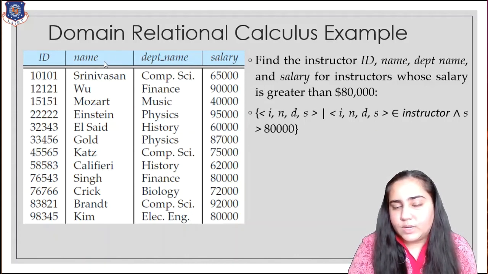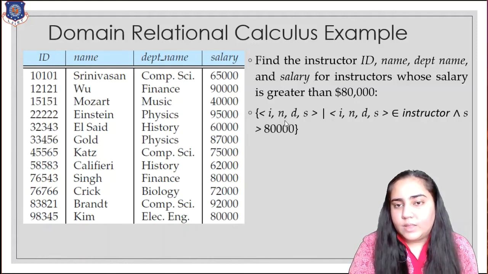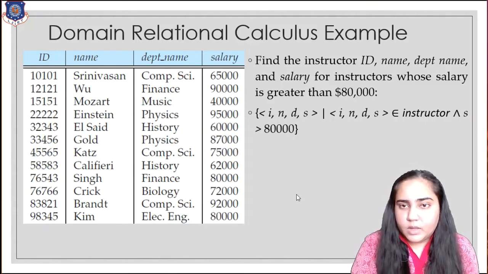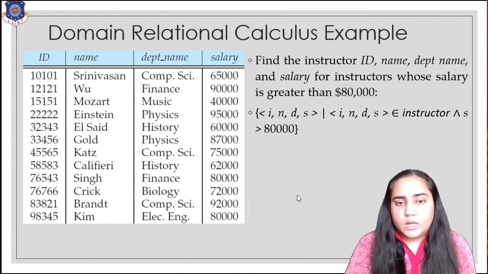So if we are talking about any name in N, then that name should belong to the instructor table, and the salary associated with it, which is S, should be greater than 80,000. So that's a simple query.